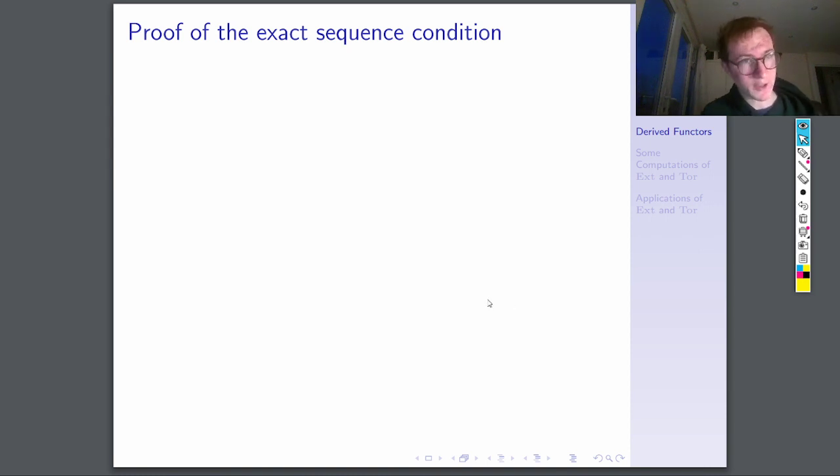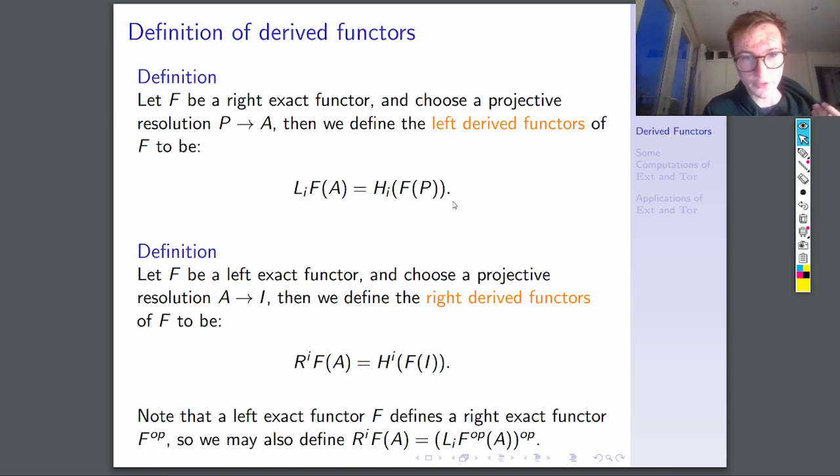I did run out of time when I was writing these slides, so I didn't actually write a slide about it, but I think I am able, using the horseshoe lemma, to prove that the exactness holds. But anyway, how do we define them? Let me define them and then I'll say something that is quite important, in fact necessary, to establish, otherwise the whole thing doesn't make sense.